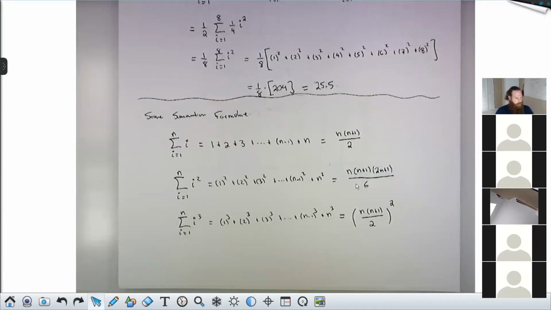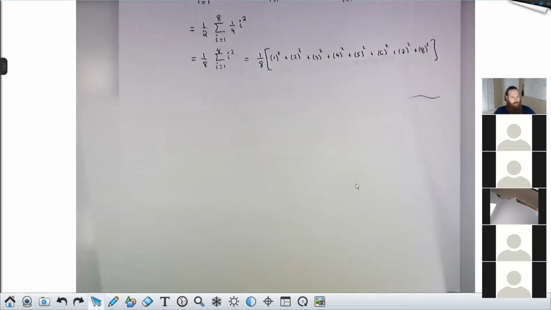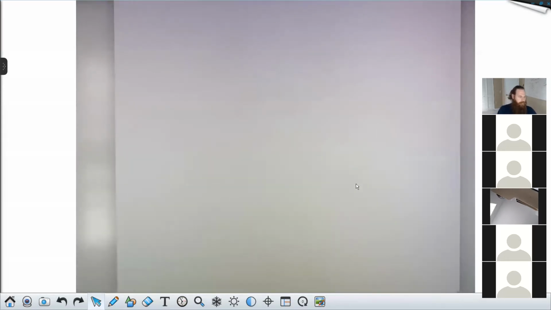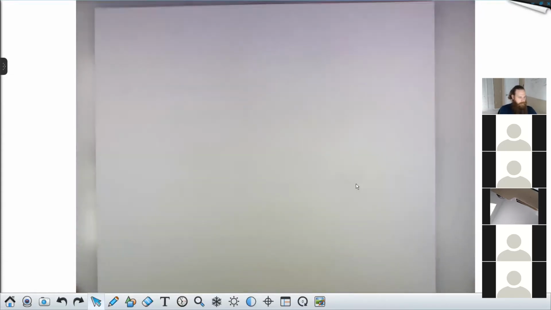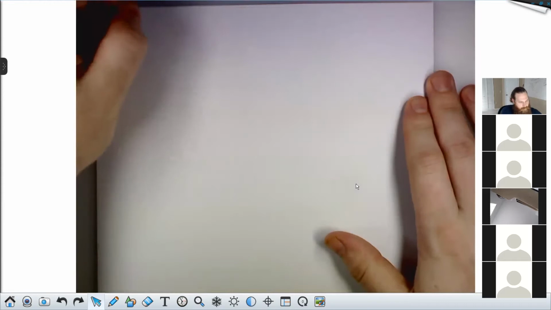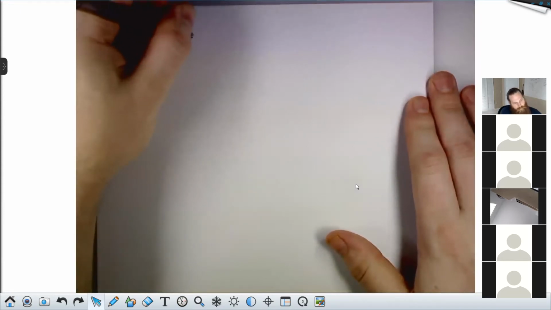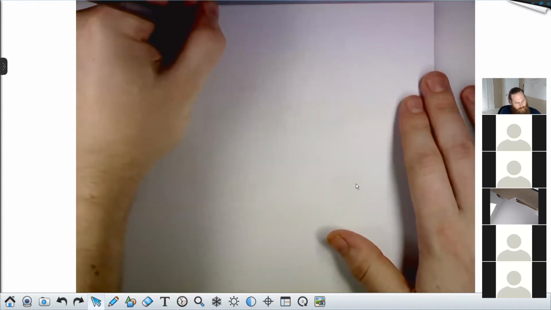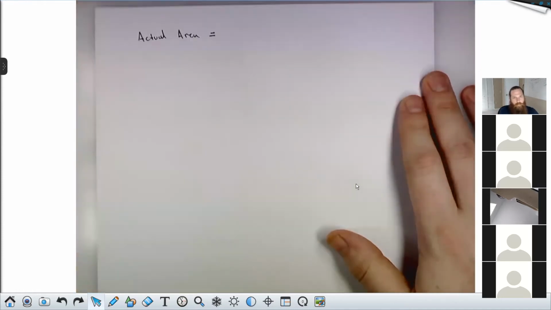Okay, we're getting towards the end, but we're not done yet. What's the actual area? Well, I want to use all the rectangles.